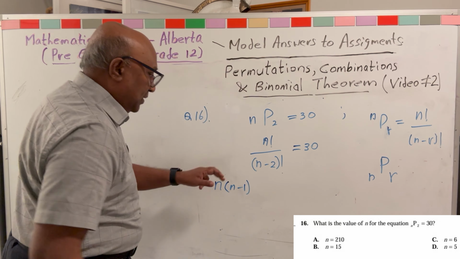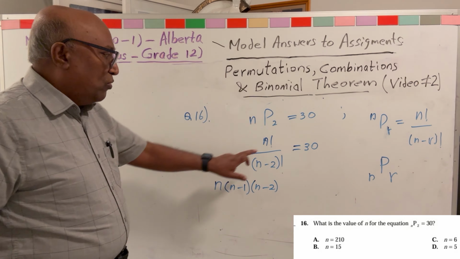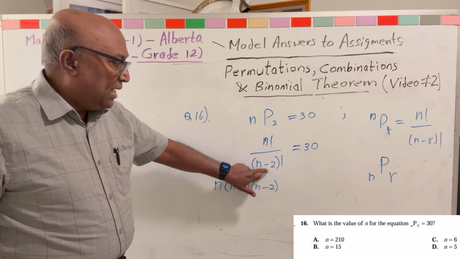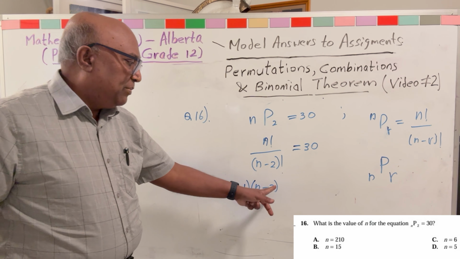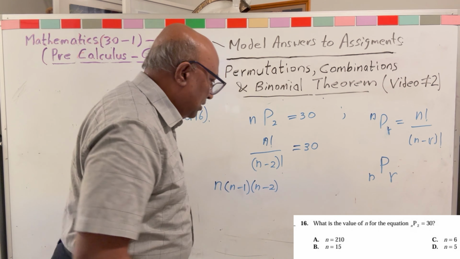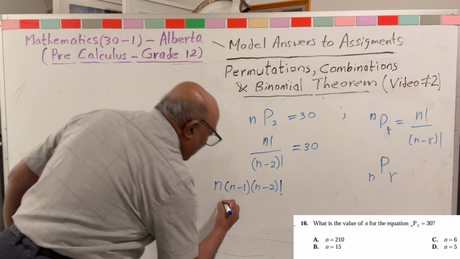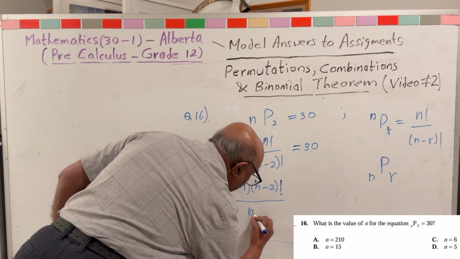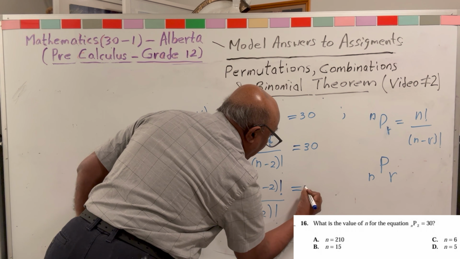What's the next number? n minus 2. Once you reach the number equal to this, you can stop. For the remaining numbers, simply put the factorial, divided by n minus 2 factorial, equals 30.